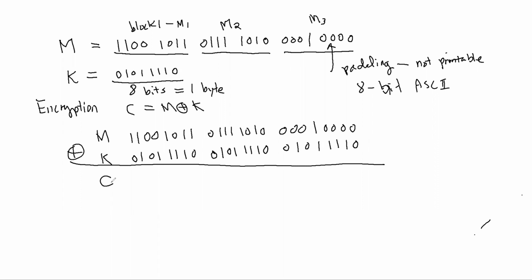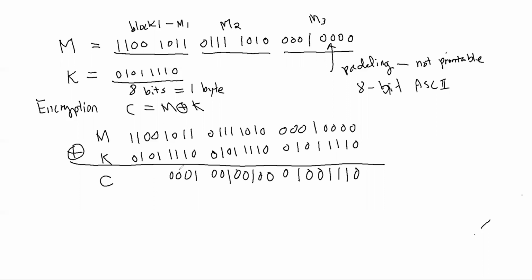So using our truth table, what we're getting: 0, 0 is 0. 0, 1 is 1, 0, 1 is 1, 0, 1 is 1, 1, 1, 0, 0, 0, 0, 0, 1 is 1, 0, 0, 0, 1, 0, 0, 1, 0, 0, 1, 0, 0, 0.